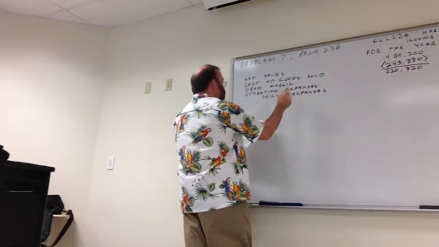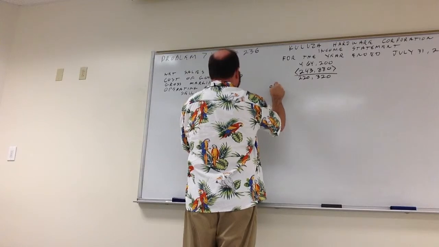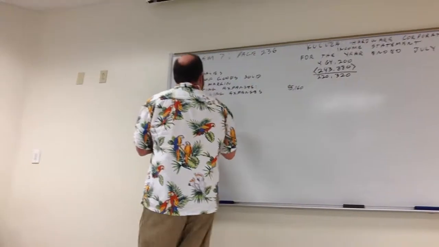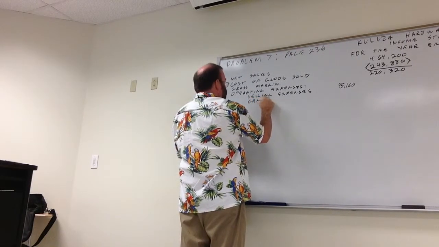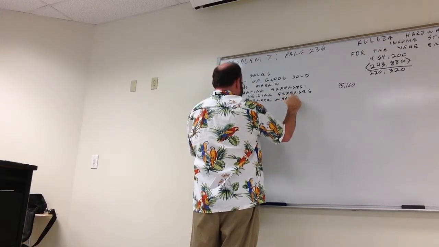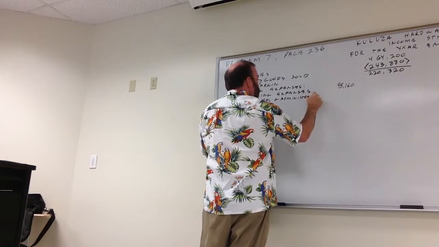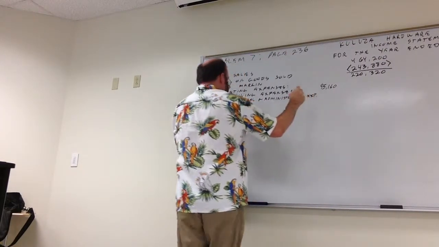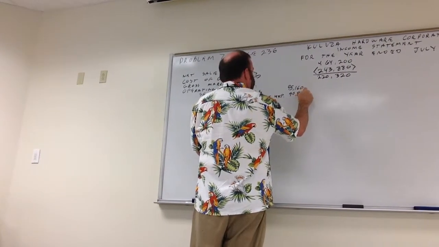So we have selling expenses, and in this case, it was $95,160. And then we have general and administrative, $90,840.